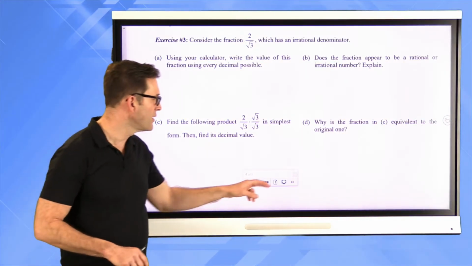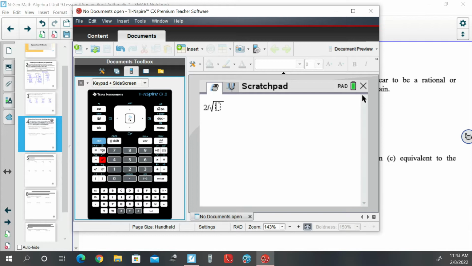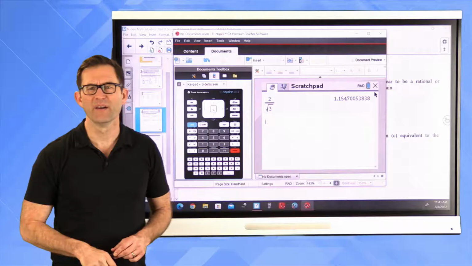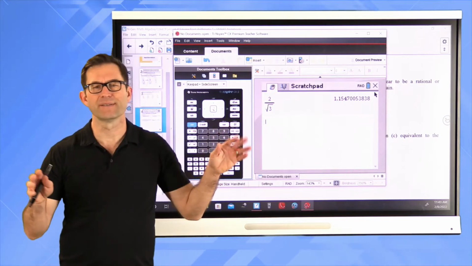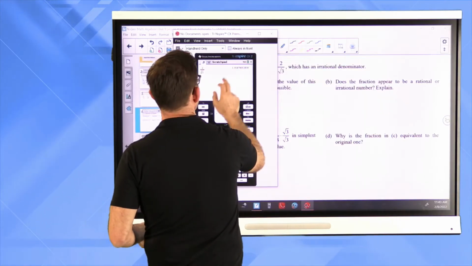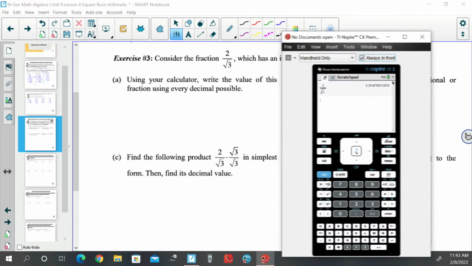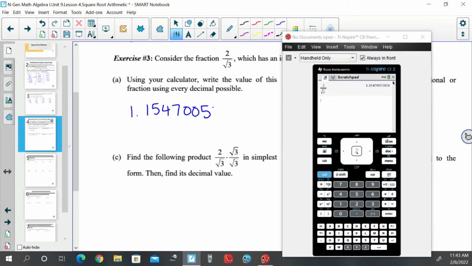All right, well, I need to break out of here just for a second. Open up my calculator. Now we had 2 divided by the square root of 3, and we get this messy long decimal, right? 1.1547, etc. Okay, so let me just, so that I can actually write this down, I'm going to have 1.154700538338.